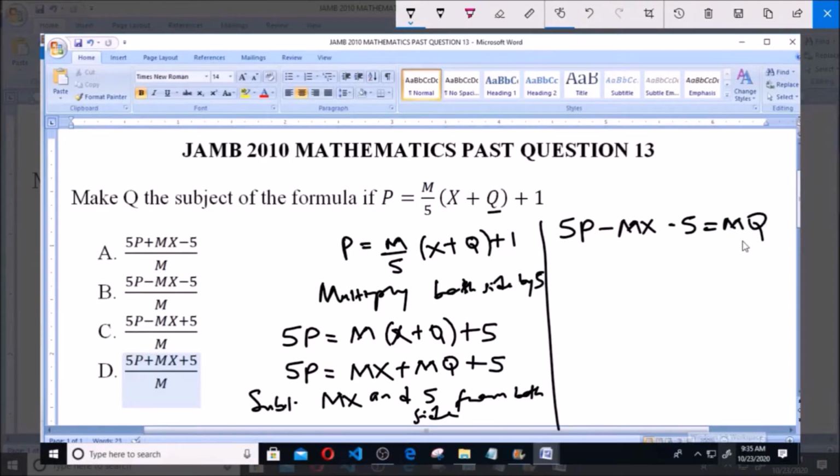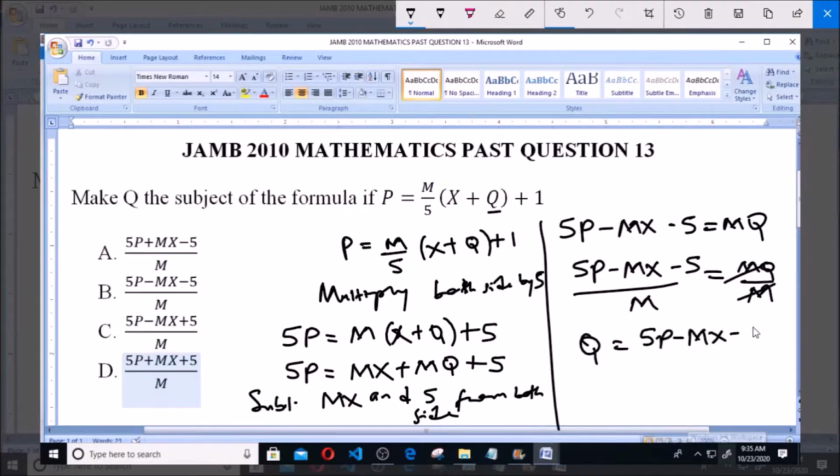Dividing both sides by the coefficient of Q, which is M. So dividing both sides by M, we'll have 5P minus MX minus 5 all over M is equals to MQ all over M. Now this M, we cancel this M, giving us that Q is equals to 5P minus MX minus 5 all over M, and that is option B. So option B is the correct answer to this question.